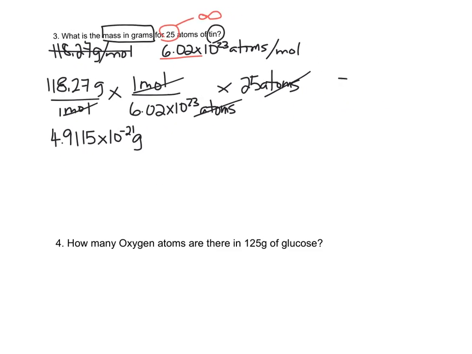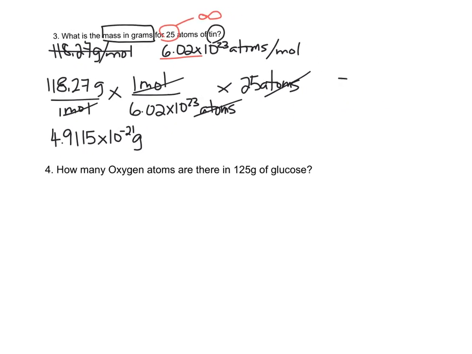Okay, next question. How many oxygen atoms are there in 125 grams of glucose? All right, so some important information here is that we have glucose. So if it's not given to you, that's something you can look up. So it's C6H12O6.